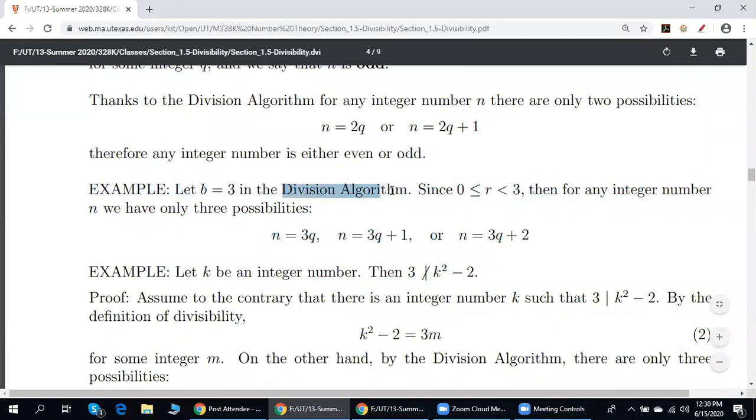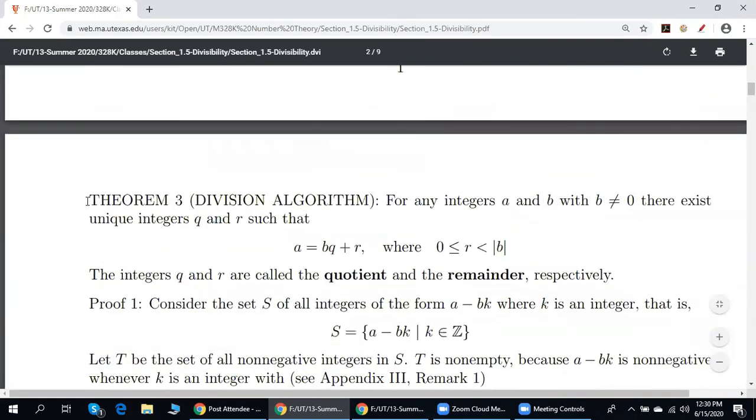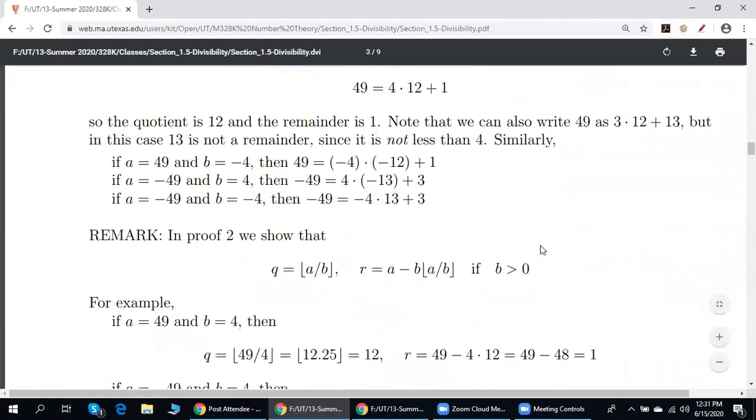If in the division algorithm, if in theorem 3, we set b equal to 3, r is greater or equal to 0 and strictly less than 3. So for r, we have only 3 possibilities. r is either 0, or 1, or 2.